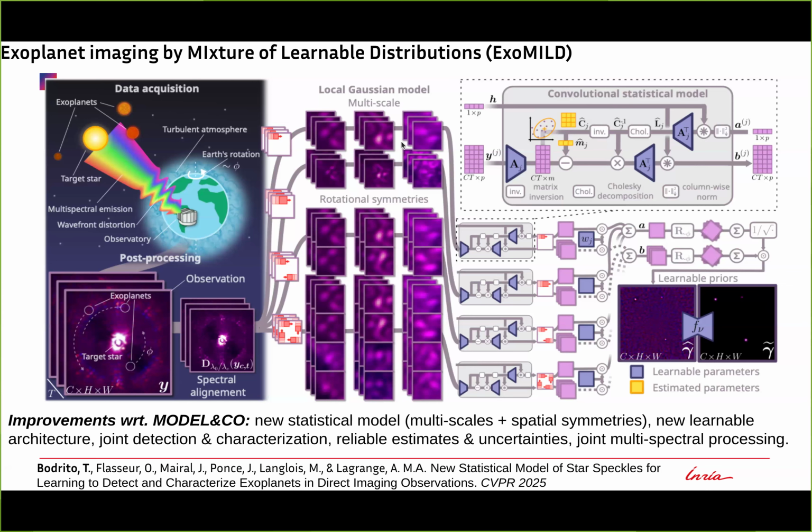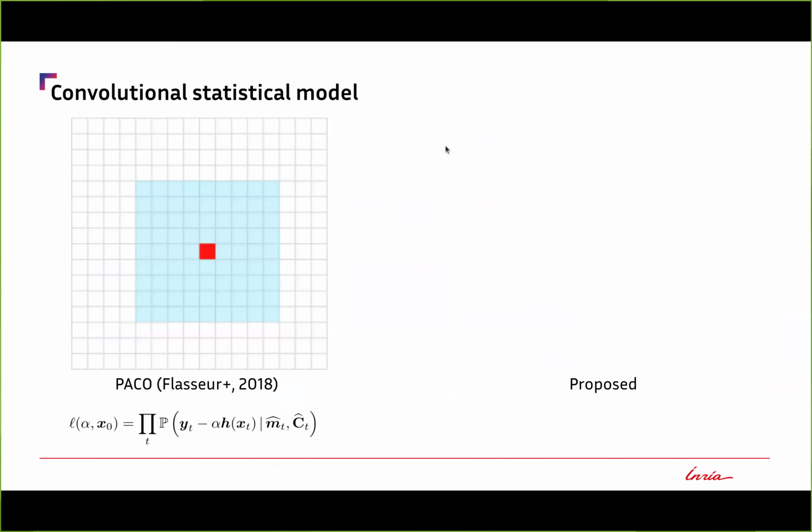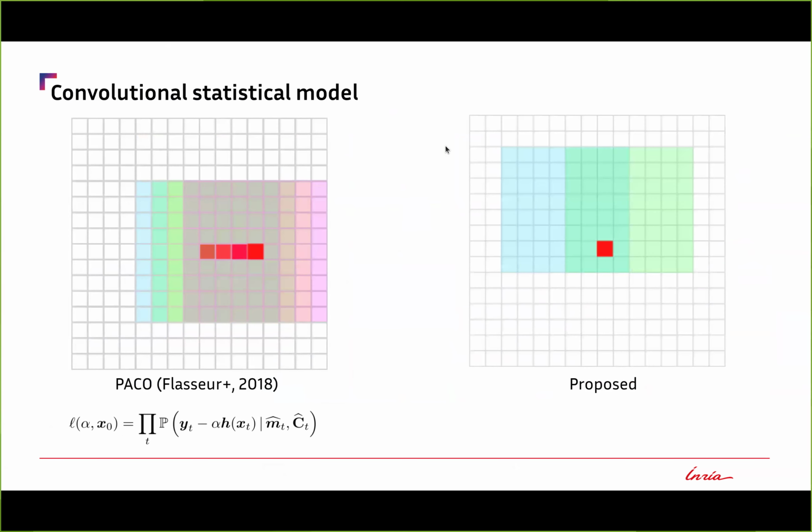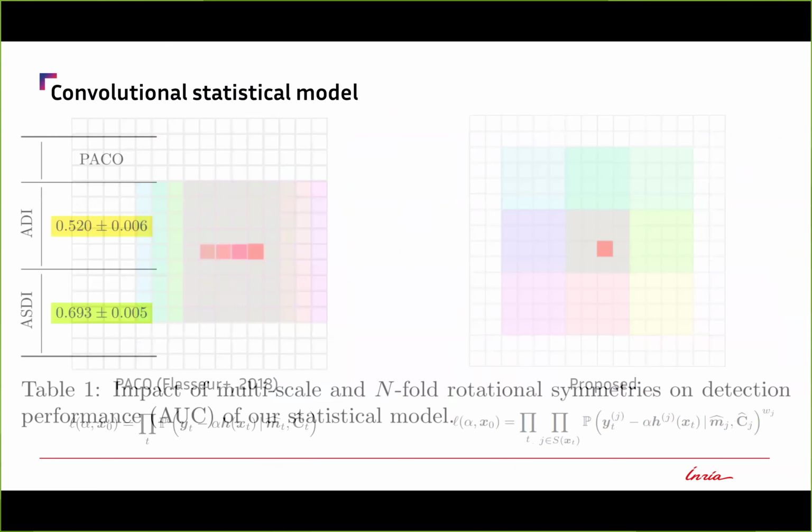We also included some larger scales of patches, because there are correlations not only at the scale of 8 by 8 pixels, but also at the scale of 16 by 16 or 32 by 32. And so the neural network learns to combine these distributions. We'll see some results now.